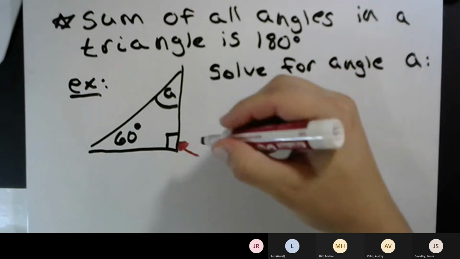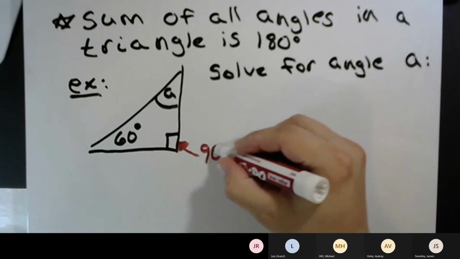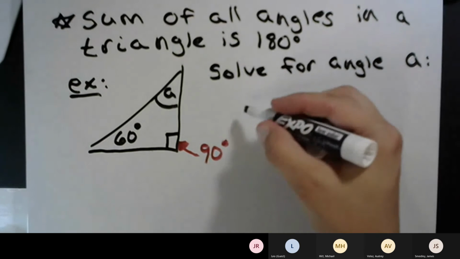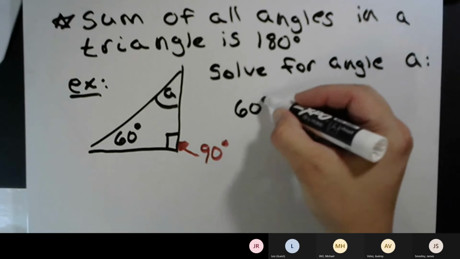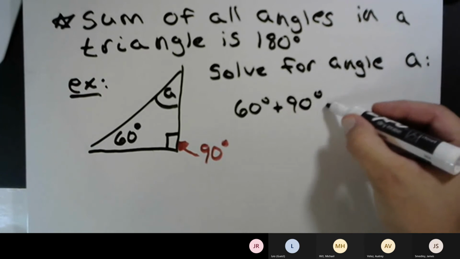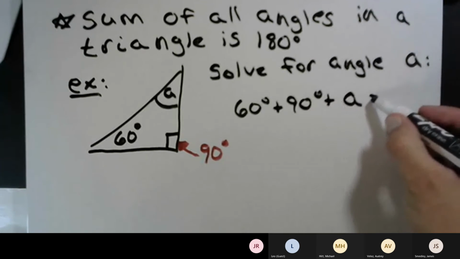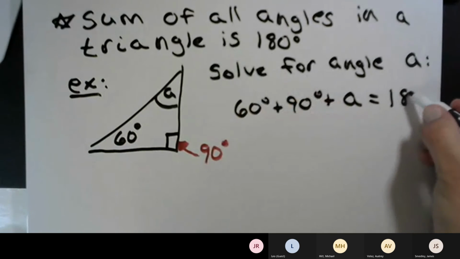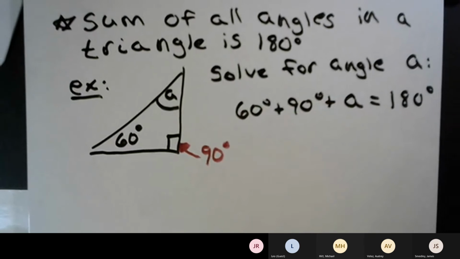So this right here is 90 degrees. So what we have is 60 degrees plus 90 degrees plus A. Well, according to this rule, those will equal 180 degrees.